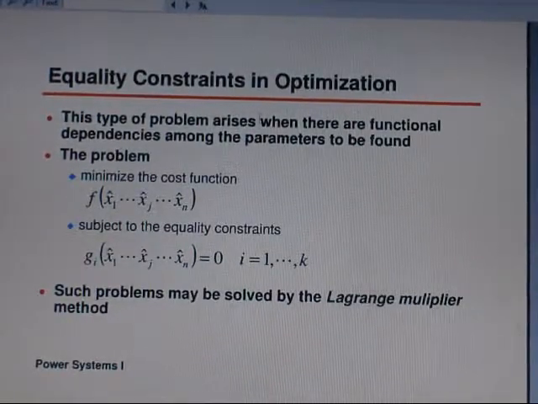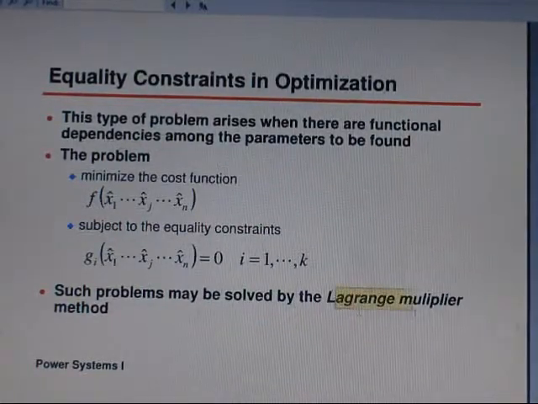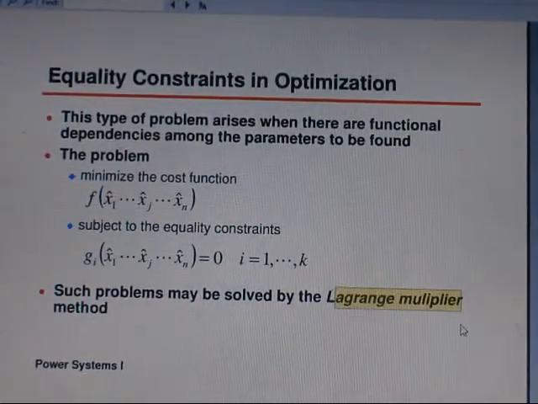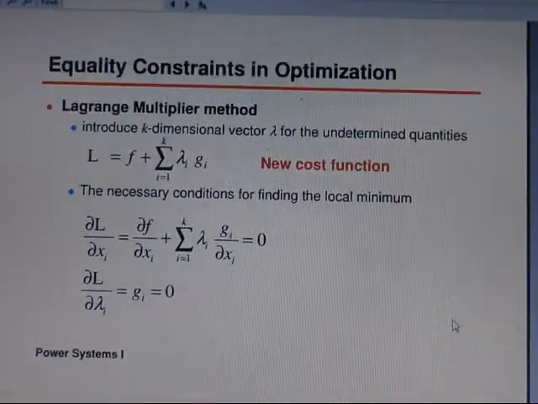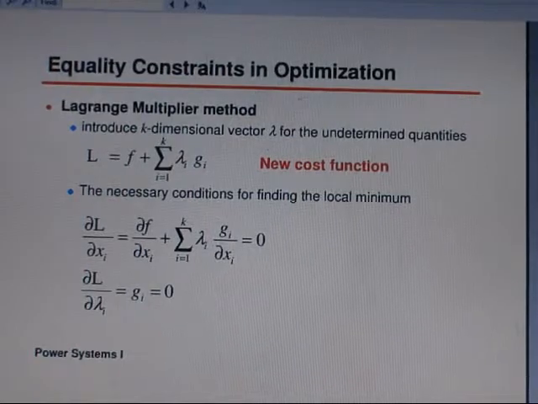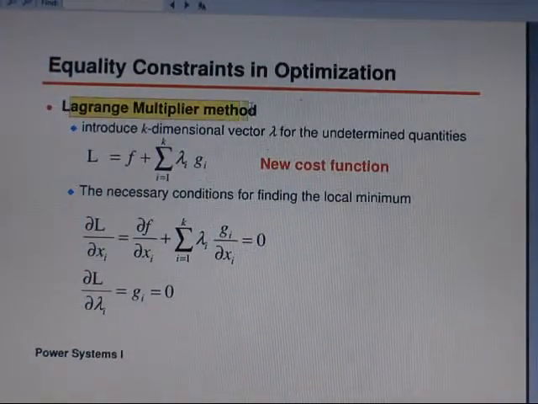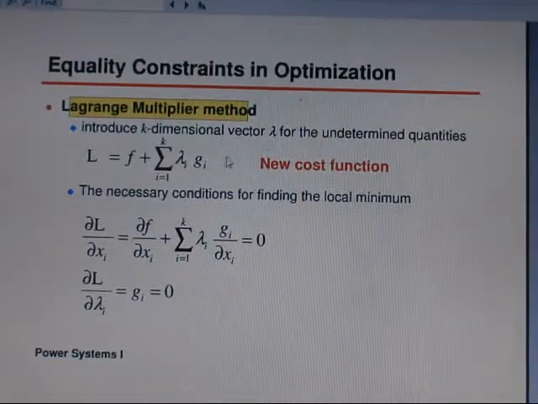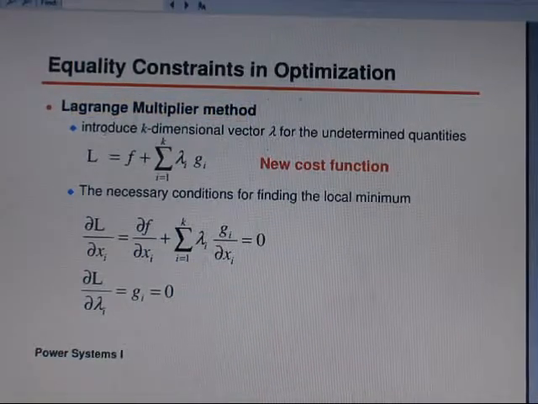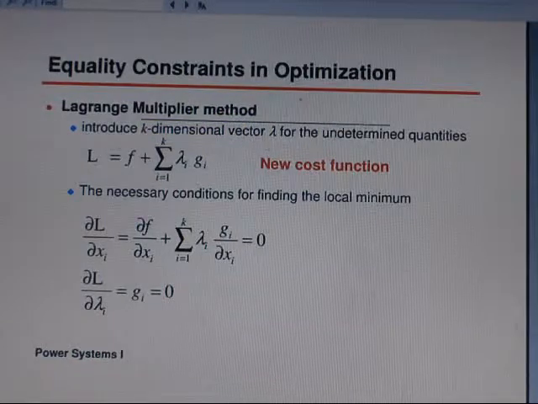In this case, we utilize this example: equalities are constraints in the optimization, so we apply the Lagrange multiplier method. How you apply it is, we introduce a k-dimensional vector lambda for the undetermined quantity.